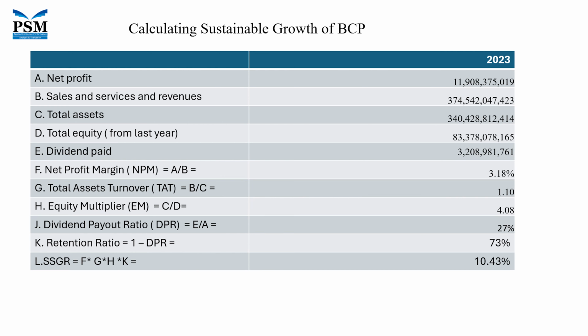Balance sheet has 3 sections: assets, liabilities, and equity. We take the total asset amount, that is 340 billion. We also take total equity amount from the previous year. The base year is 2022, 83.378 billion.